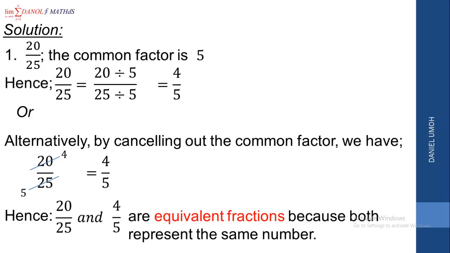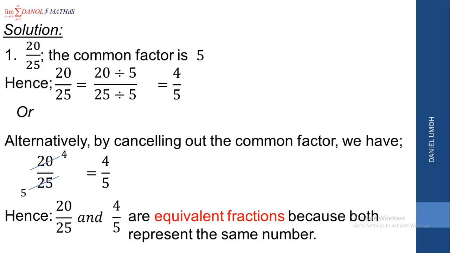We are using this opportunity to introduce you to what we call equivalent fractions. Two fractions are said to be equivalent if they represent the same number. So 20 over 25 and 4 over 5 are equivalent fractions because both represent the same number. Okay, I hope you understand what we just explained.